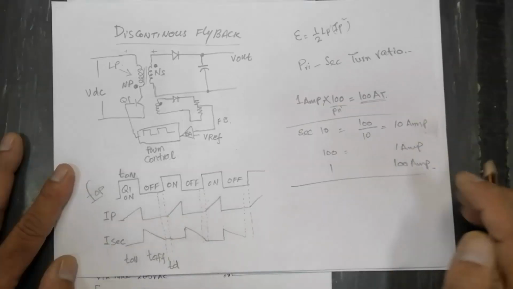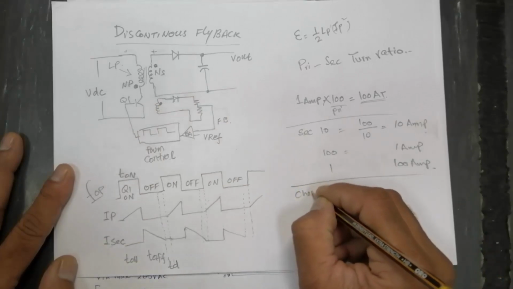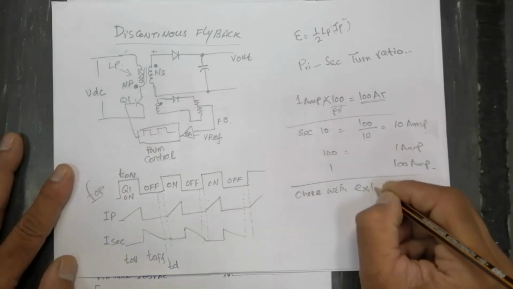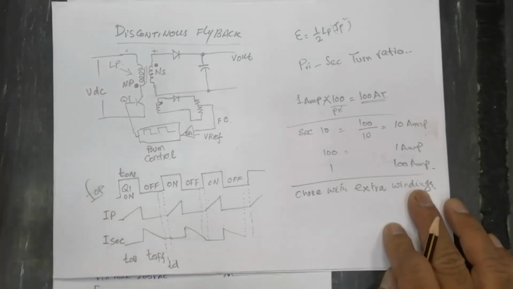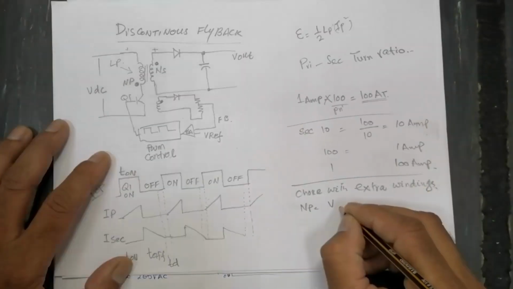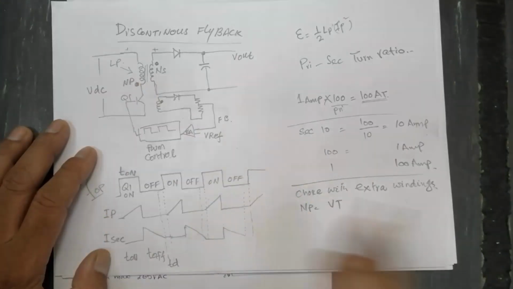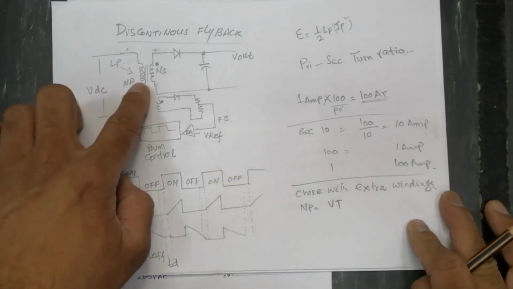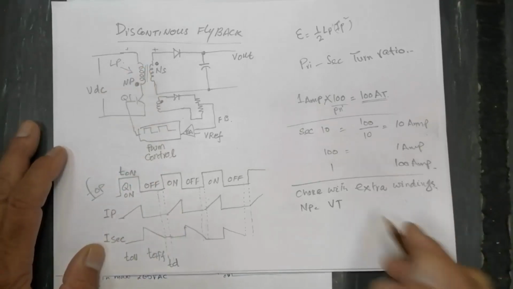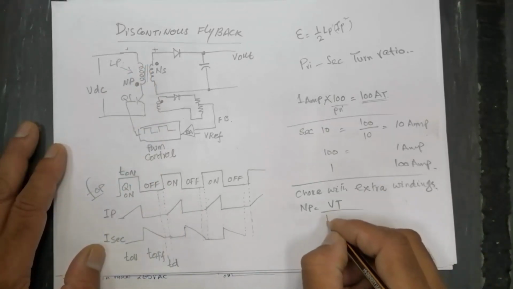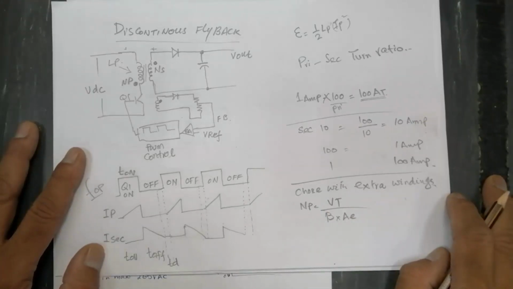Now we are going to design a choke, an inductor with an extra winding. In the primary, the number of turns will depend on the voltage and on T on, how long we allow the transistor to switch, and we will need Bmax and the core cross-section area.